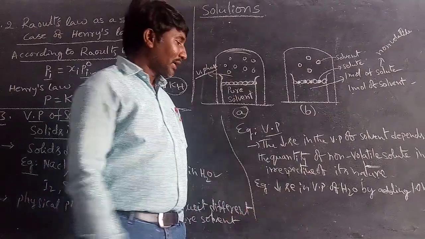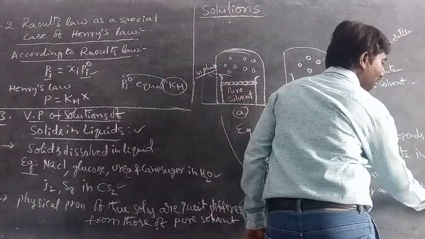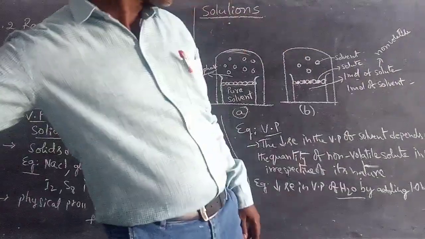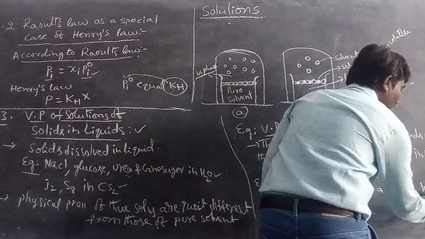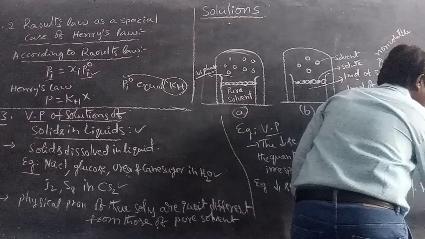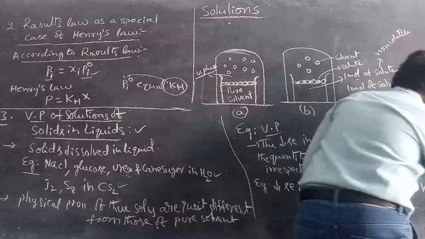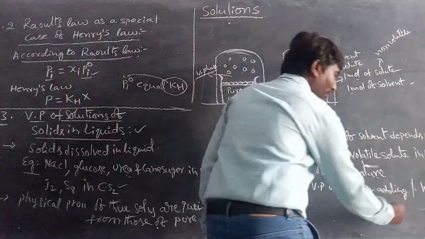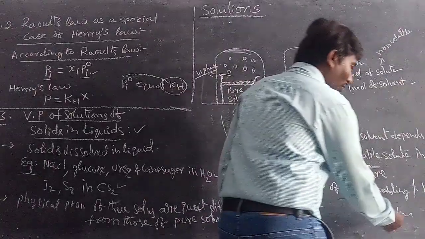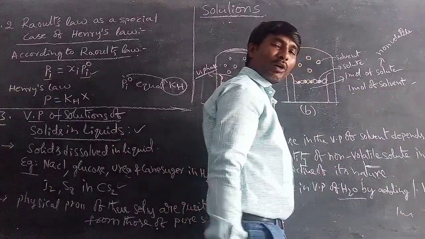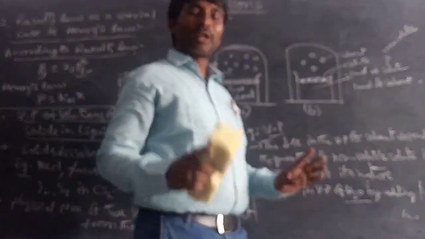For example, the decrease in vapor pressure of water by adding 1 mole of sucrose in 1 kg of water, or 1 mole of glucose in 1 kg of water, or 1 mole of NaCl in 1 kg of water, whatever it may be.